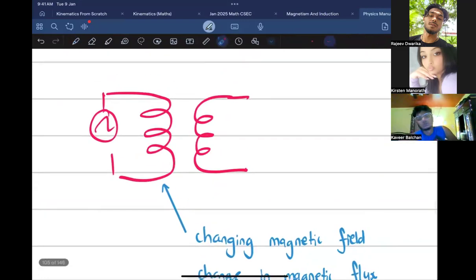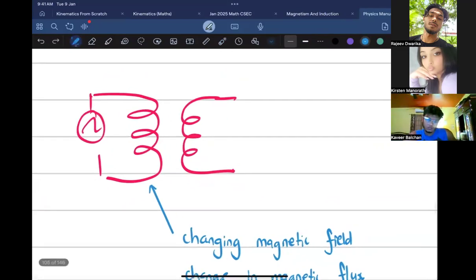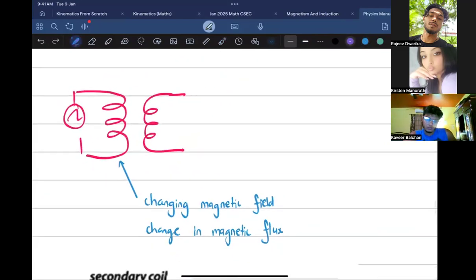And because you have a change in magnetic flux and you have a coil right next to it, what will be induced? Because of the change in magnetic flux, what will happen, Justin?